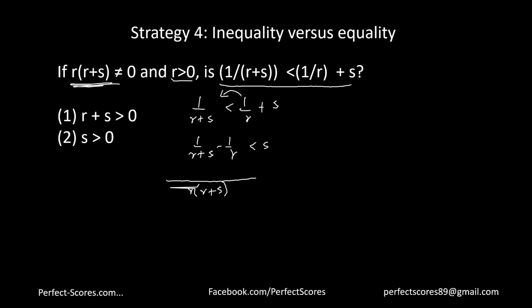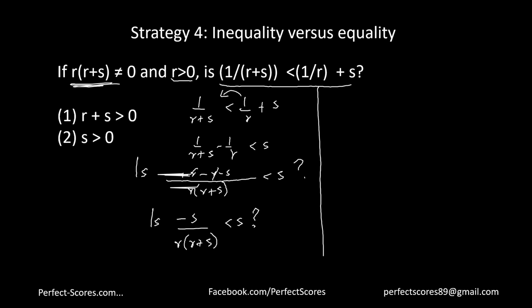So this over here is positive R and then negative R, negative S is actually less than S. That's what the question is asking me. This and this get canceled. So the question is asking me: is negative S over R into R plus S less than S? Now I cannot cut S on both sides because I do not know the sign of S.